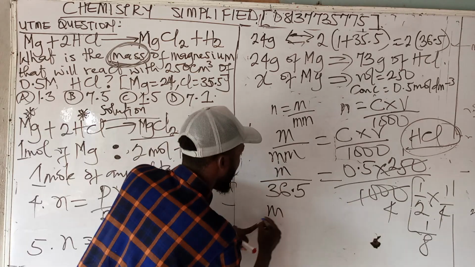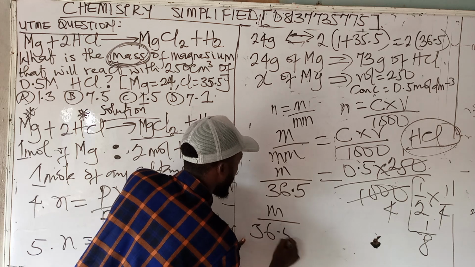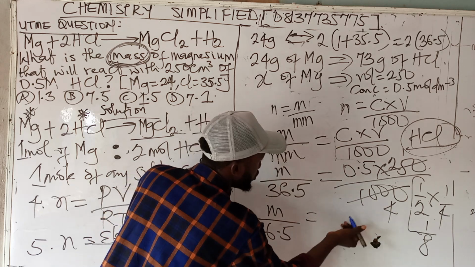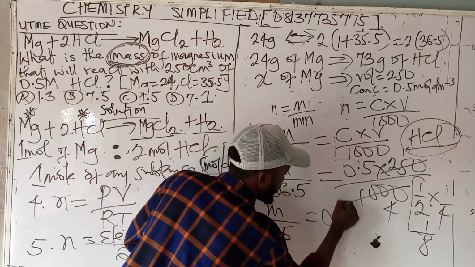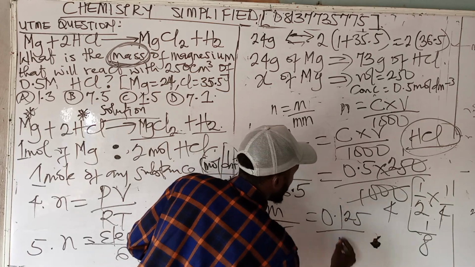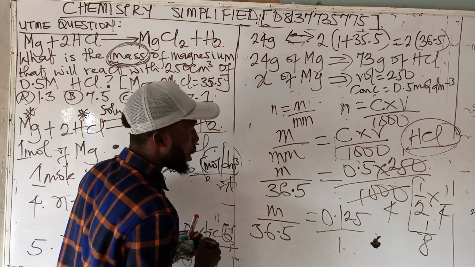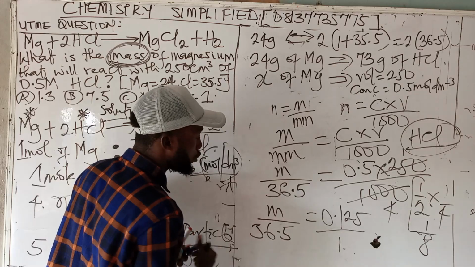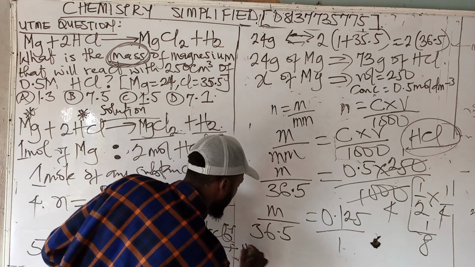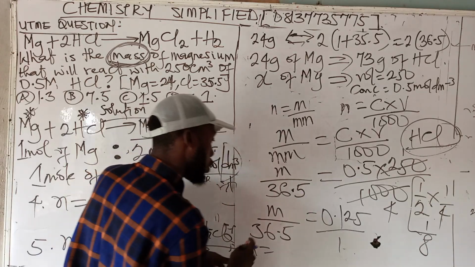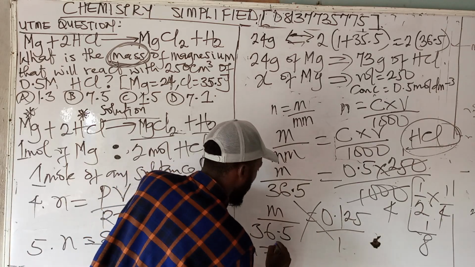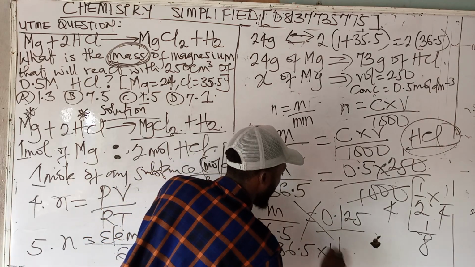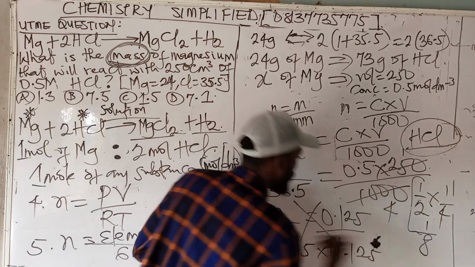What we have left is mass over 36.5 equal to 1 over 8 or 0.125 all over 1. The faster method. So what I'm going to do now, so our mass will now be equal to, we cross multiply, in our mass there is 1, will be mass equal to 36.5 multiplied by 0.125.